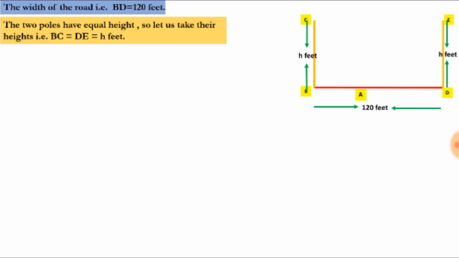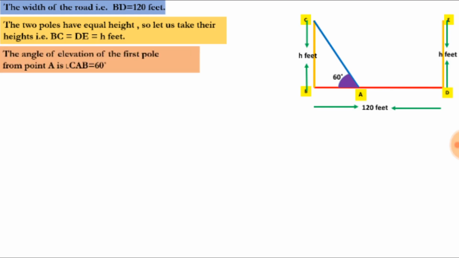Now we are considering a point on the road as A. From this point A, the observer observes the top of the first pole with an angle of elevation 60 degrees, and from the same point A, the observer observes the top of the second pole with an angle of elevation 30 degrees. Using this information, we need to find the height of the poles and also the distance of point A from the two poles.